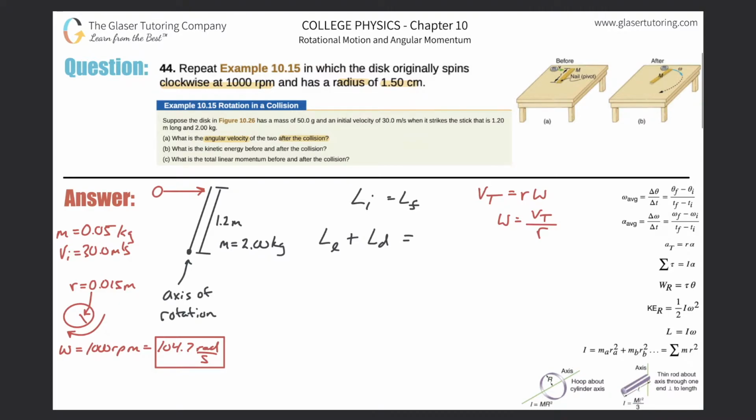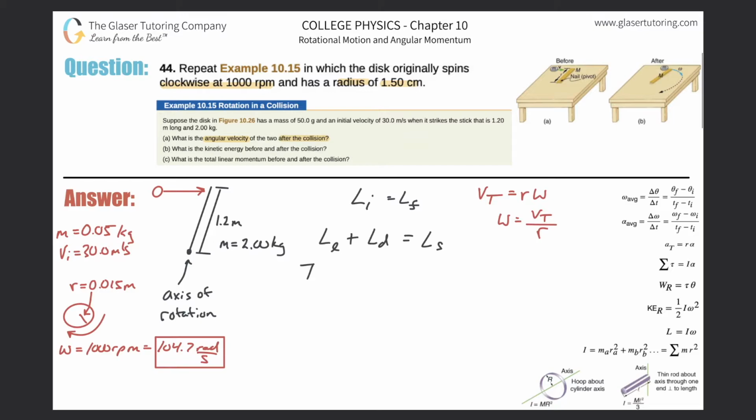And that now must equal the final angular momentum. The final angular momentum here is the whole system taken together, because it's an inelastic collision, so I'm going to say the angular momentum of the total system. Expanding on these terms, I can use this formula on the bottom right.